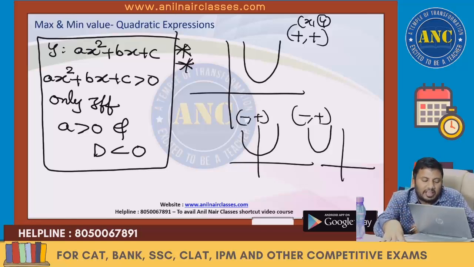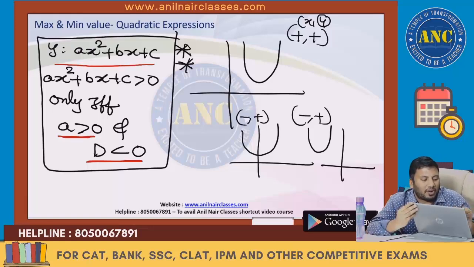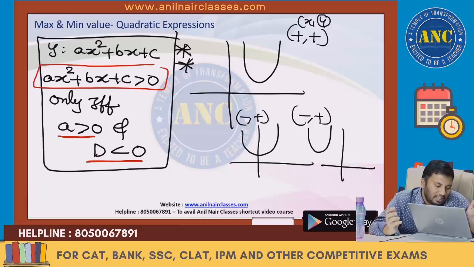For a quadratic expression to be greater than 0, only 2 conditions need to be satisfied: A greater than 0 and D less than 0.